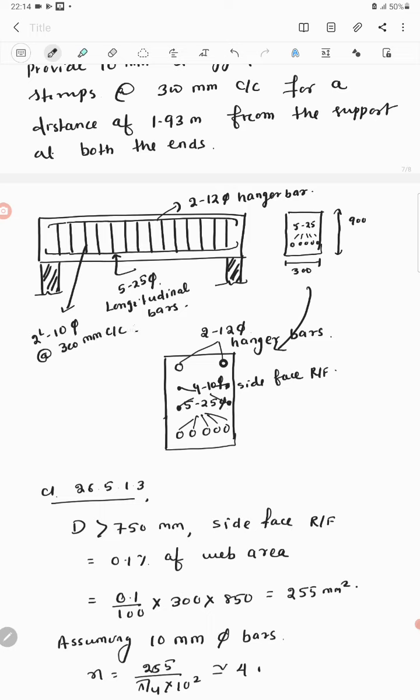Okay, and what is the total length? We have to show here 8 meter. Effective span is given as 8 meter. Here the overall depth is 900, width is 300. So every detailing we have to show here.